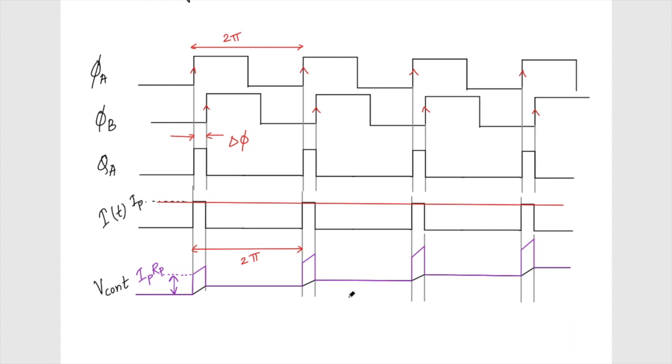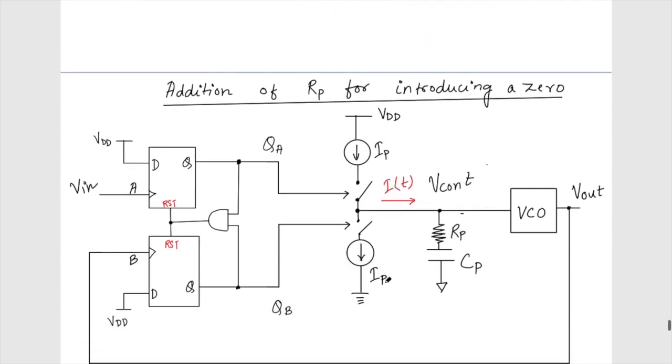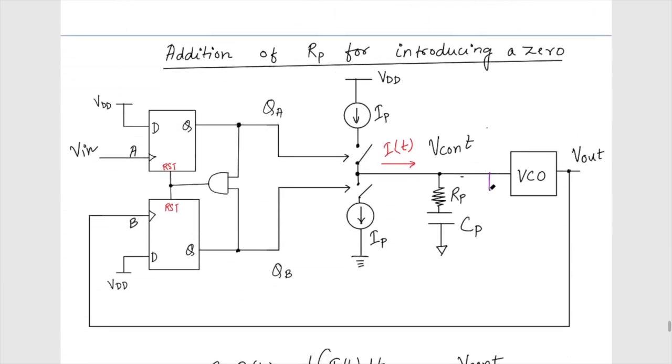The only way to reduce these spikes is by adding another capacitor here. Using another capacitor will filter out the spikes. So we are going to add C2 to filter out the spikes.